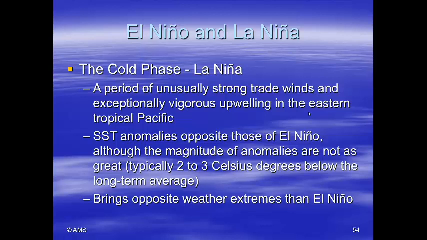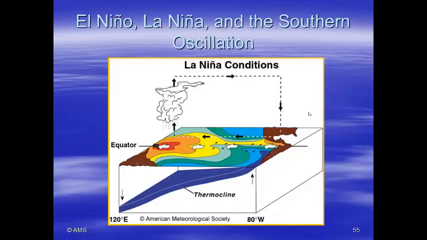Although the magnitude of the anomalies is not as great, typically 2 to 3 Celsius degrees below the long-term average, this brings about the opposite temperature and weather extremes from El Niño. And these are shown here.